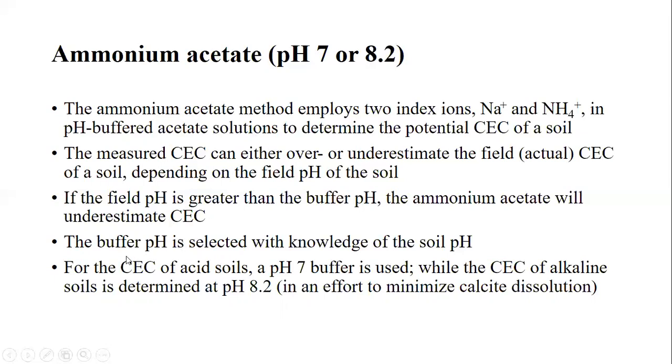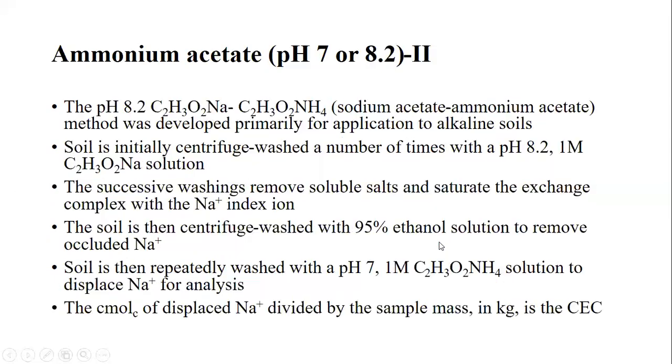Of course, the opposite applies. The buffer pH is selected with knowledge of the soil pH. So the first thing we always measure is the soil pH, then we decide which buffering system we're going to use to determine the CEC. For the CEC of acid soils, pH 7 buffer is used, while the CEC of alkaline soils, which is our case, is determined at pH 8.2 in an effort to minimize calcite, calcium carbonate, dissolution, and again, not to underestimate or overestimate the cation exchange capacity of the soil.